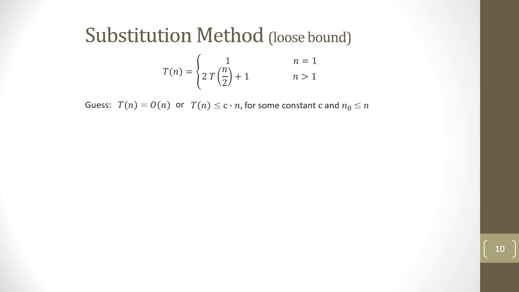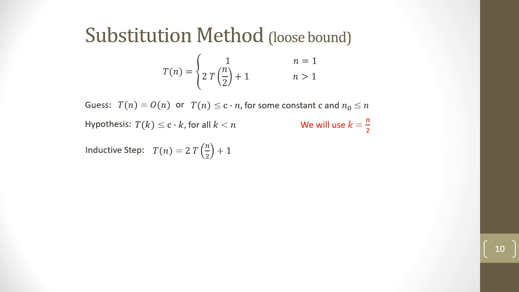Our guess on the upper bound in this case is n. Our hypothesis is T of k is less than or equal to ck for all values of k less than n. We will use k is equal to n over 2. Let's plug in the hypothesis in our recurrence and solve it.